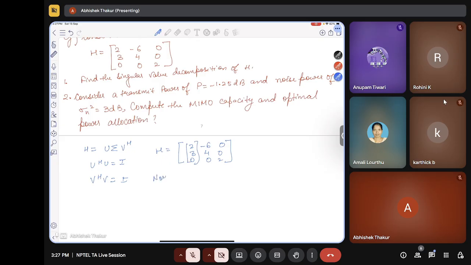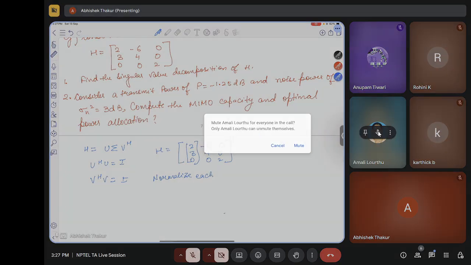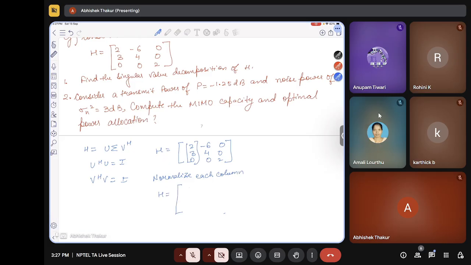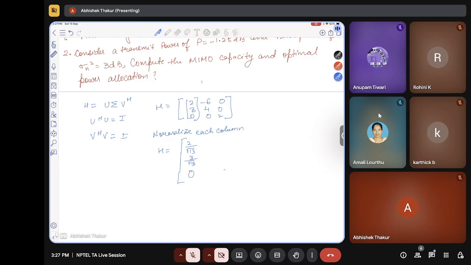So first normalize each column. So H will become 2 by square root of 13, 3 by square root of 13. Now the second column we have to divide by square root of 36 plus 16, 52.